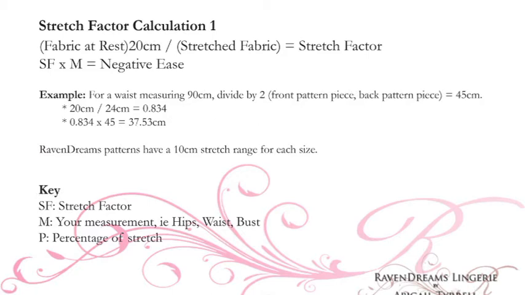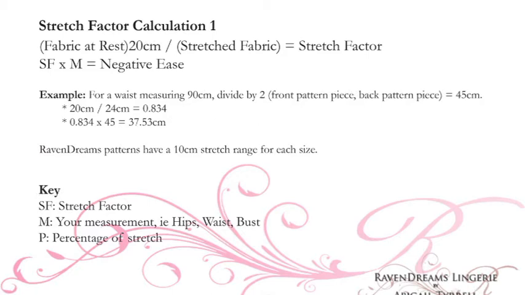So now that you have your stretch factor, you multiply that by 45, which is half of your measurement. That's your front. So we'll call it the front for the front piece. And that equals 37.53 centimeters.